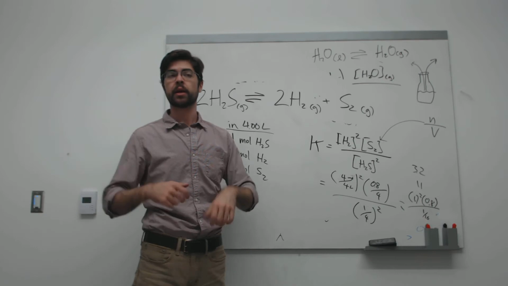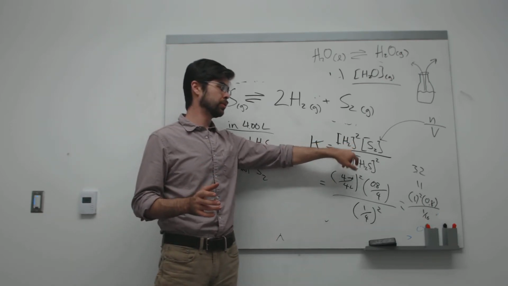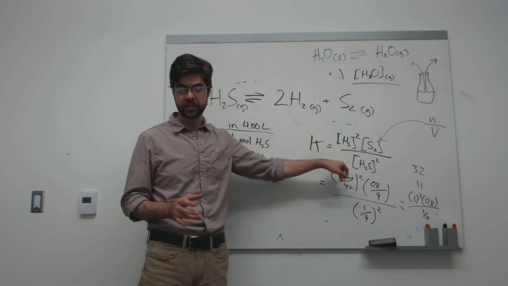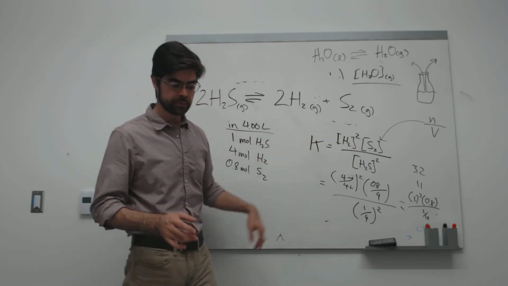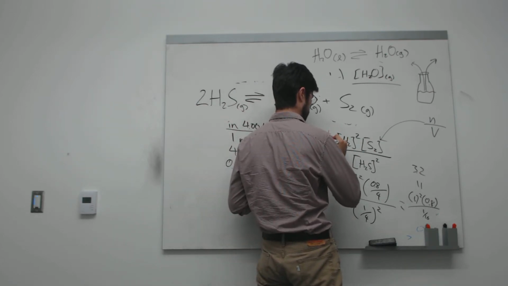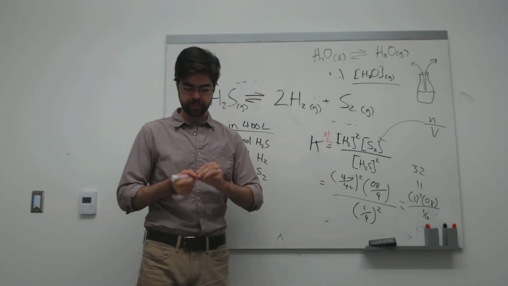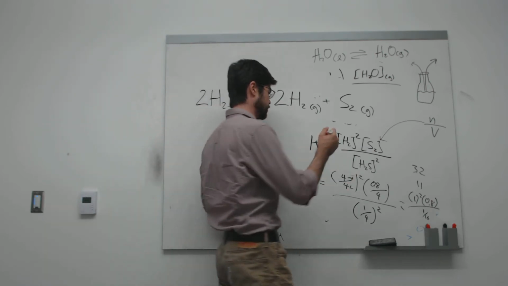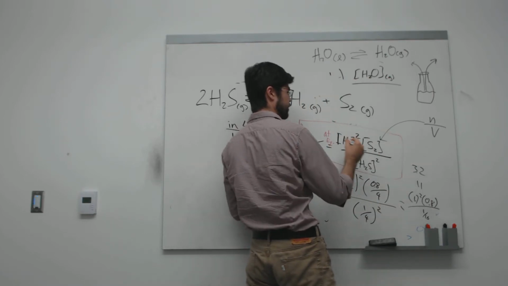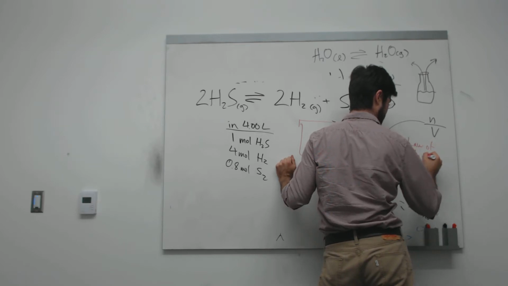In general, the law of mass action says the ratio of the concentrations of products over reactants at equilibrium is equal to a constant. So this entire expression is an example of the law of mass action.